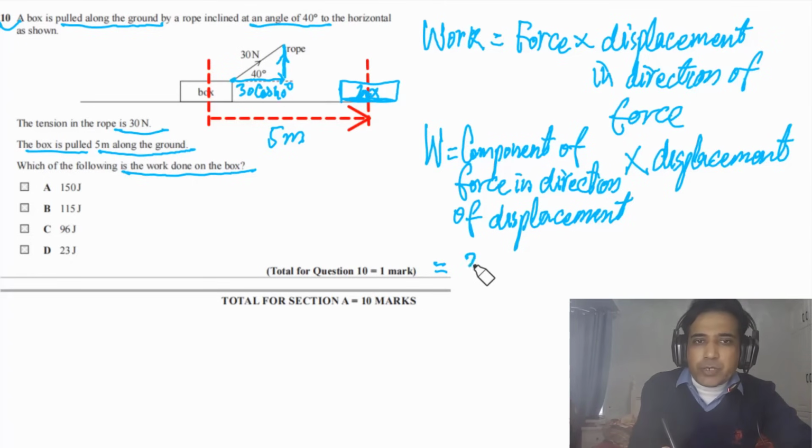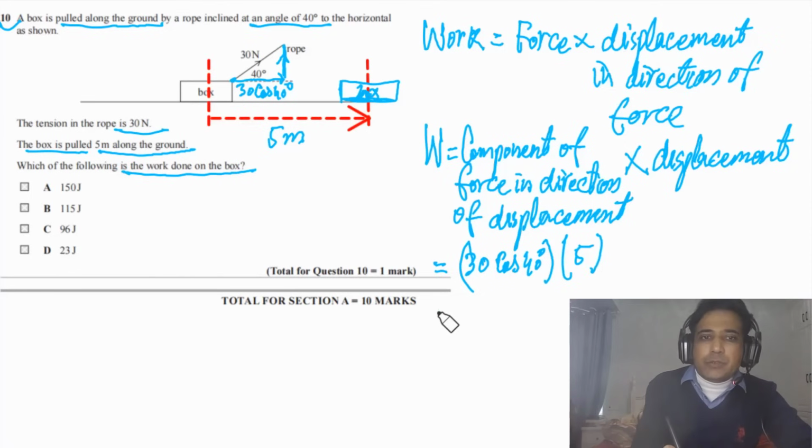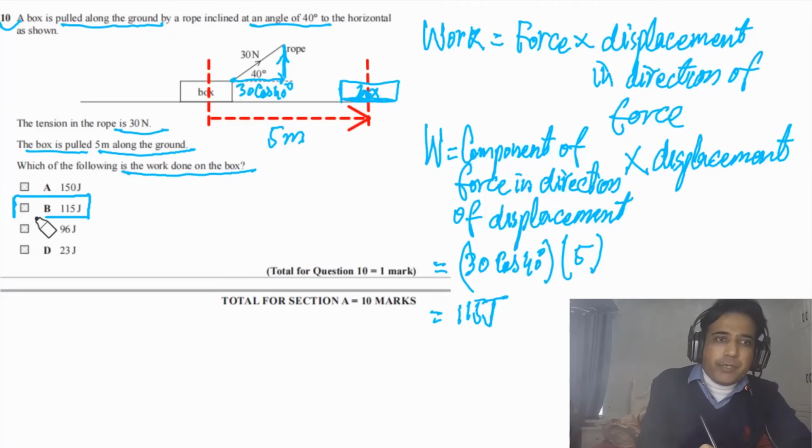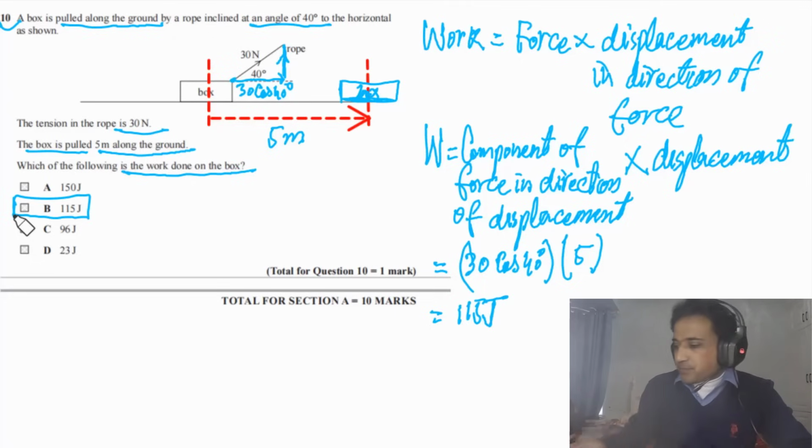So simply we can write here 30 cosine of 40 degrees multiplied by the displacement. Displacement is 5 meters. So if we solve this one, our final answer will be about 115 joules. So the answer for this question is B.